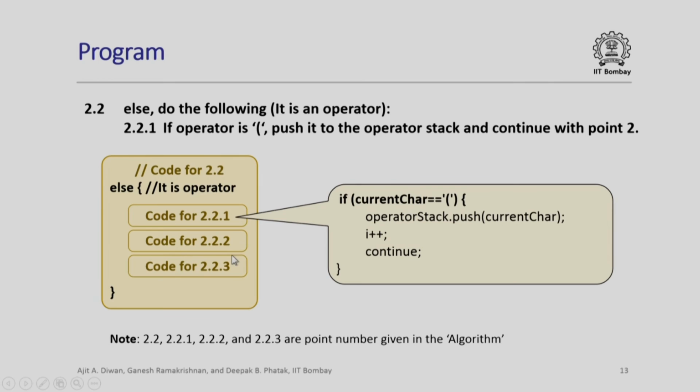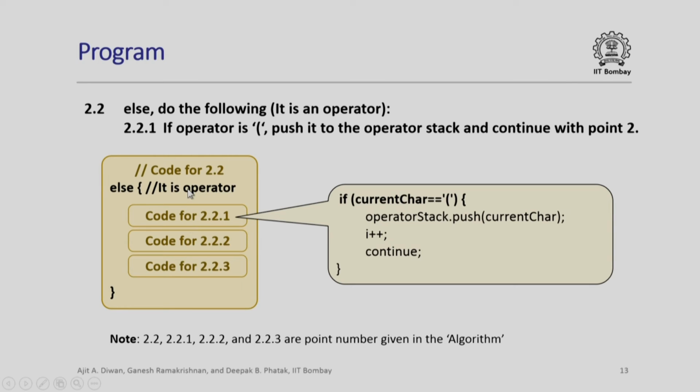Let us look at 2.2. If that is not so, then we have to do the following, namely that it is an operator. If it is an operator, then if the operator is an opening parenthesis, push it to the operator stack and continue with point 2. So, the code is else it is an operator, that is it.